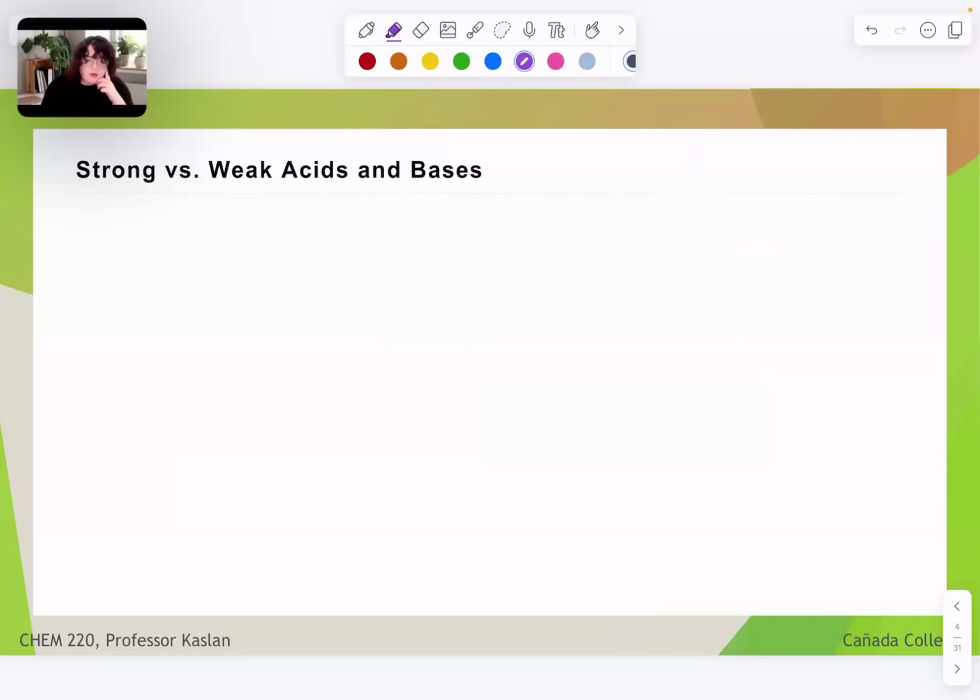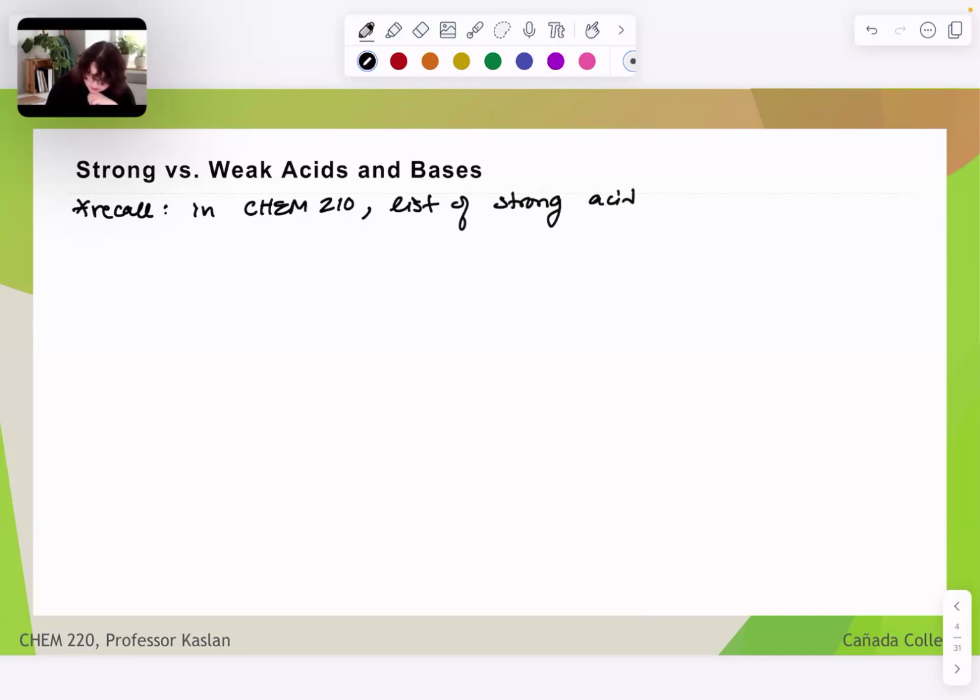So then what is it that makes an acid strong or weak, right? Like we know, perhaps recall, in Chem 210 or Gen Chem 1, there was a list of strong acids and strong bases.